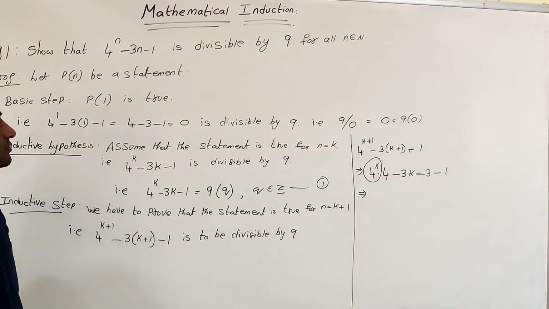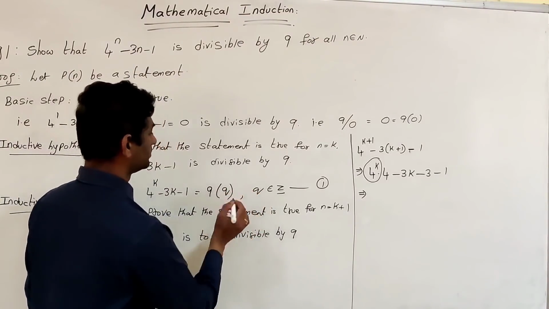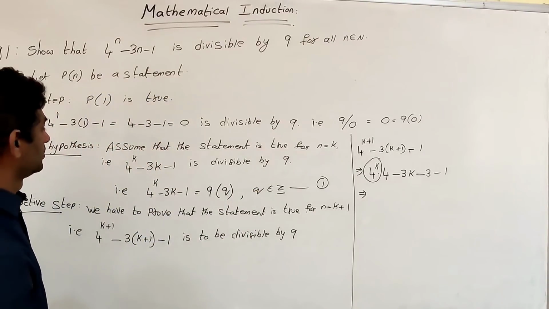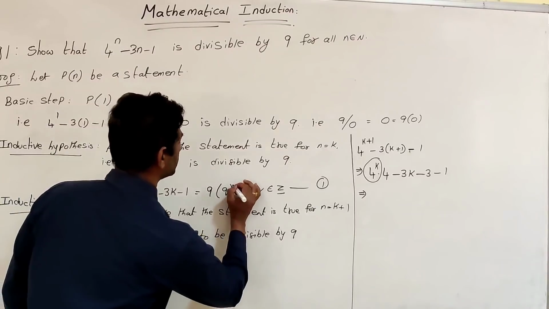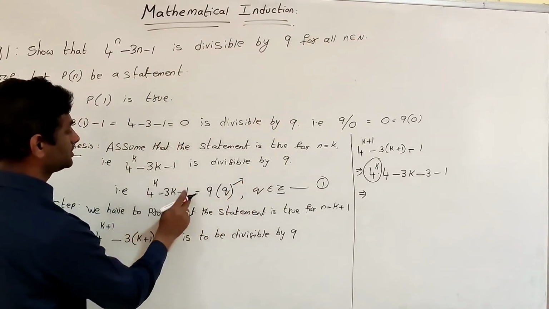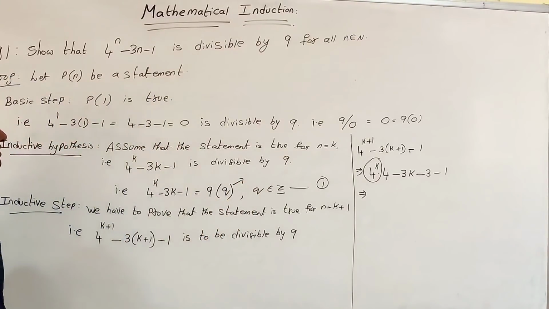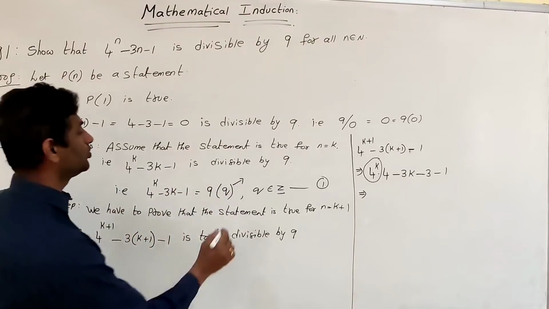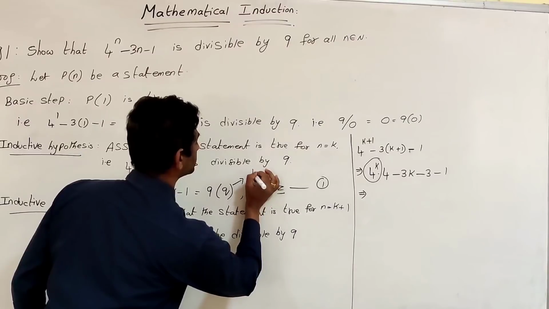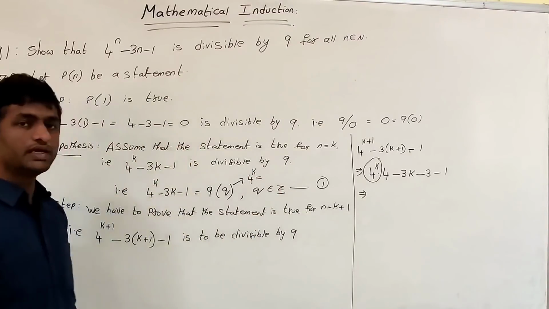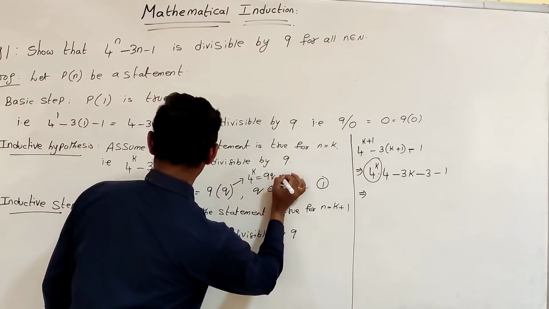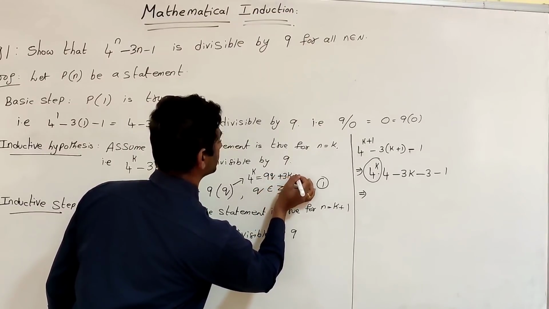We can write 4 to the power of k minus 3k minus 1 is equal to 9q. From this equation, 4 to the power of k is equal to 9q plus 3k plus 1.